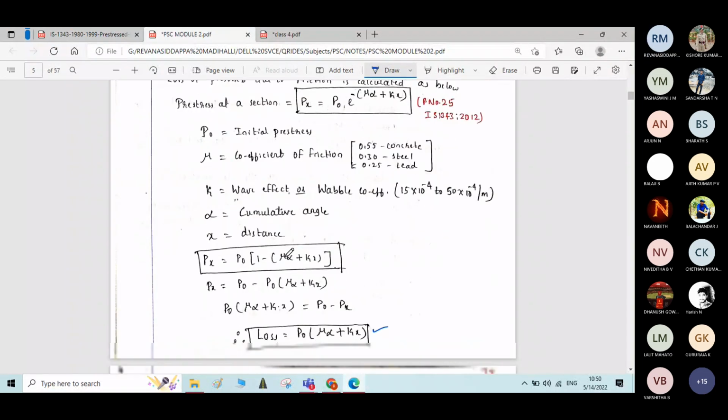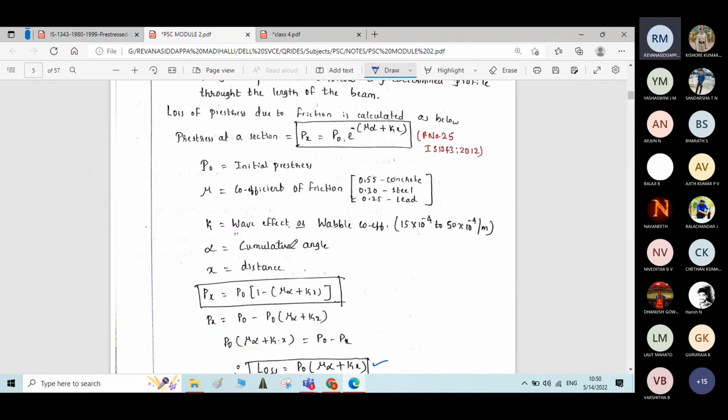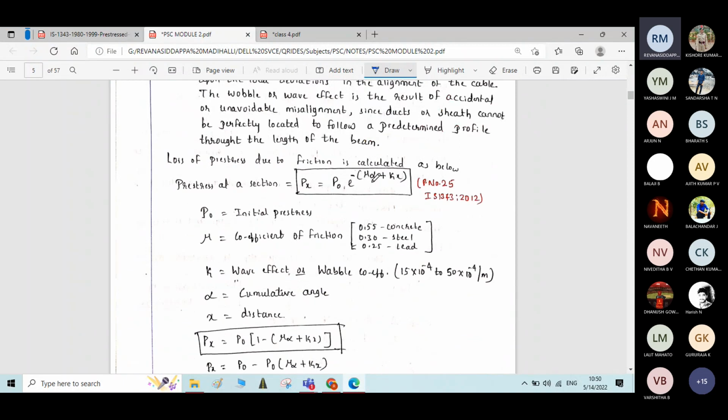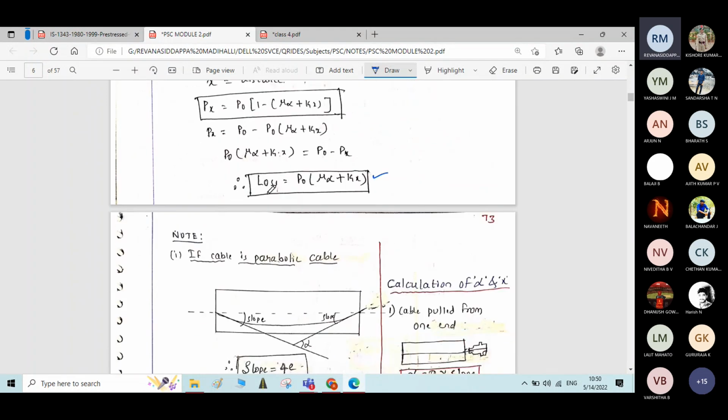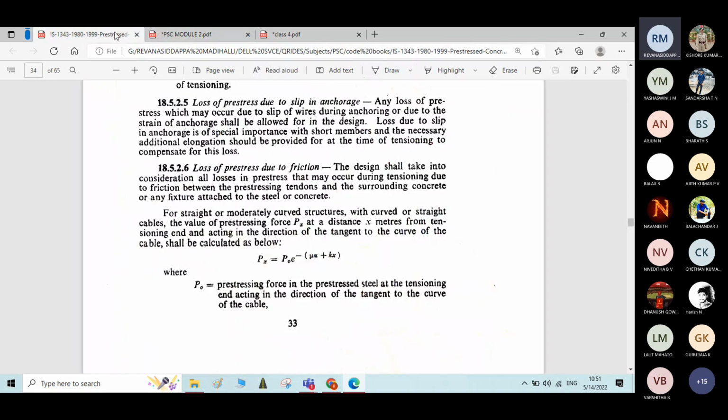Okay. And this same formula I have written and simplified, and after simplification finally I got the expression for loss of pre-stress. That is, loss is equal to P naught into mu alpha plus Kx. So you can just open page number 33 of the code book.